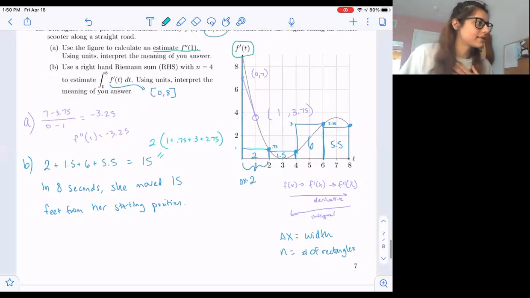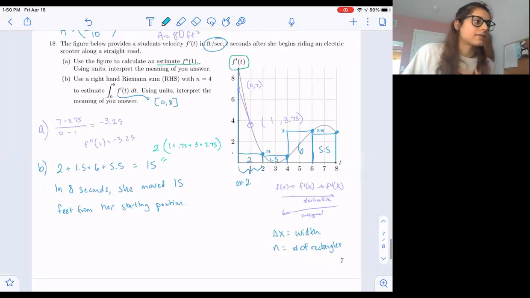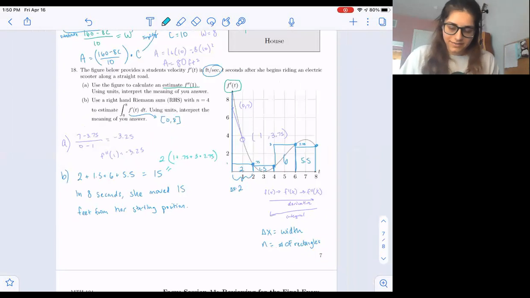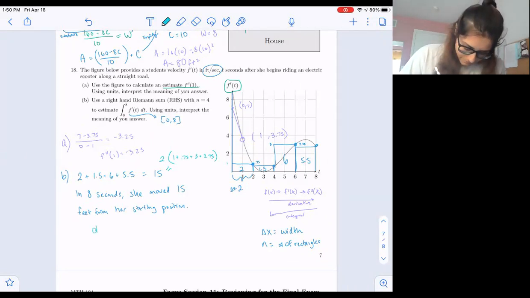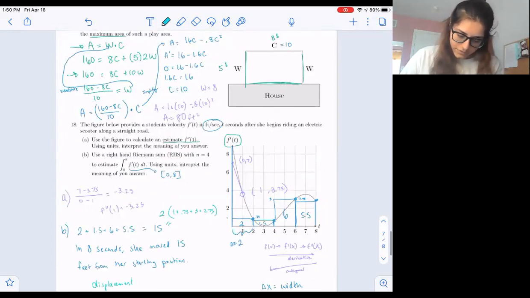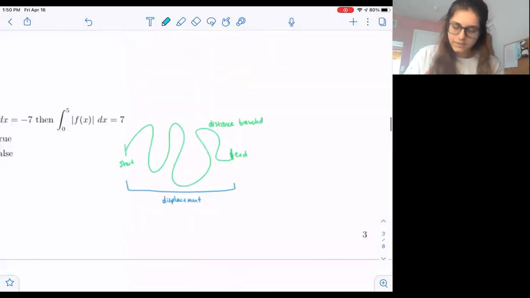So in this case, this is giving us the displacement, okay? So when we look at the integral over an interval, that is displacement. Again, displacement is how far you travel from the original starting point.